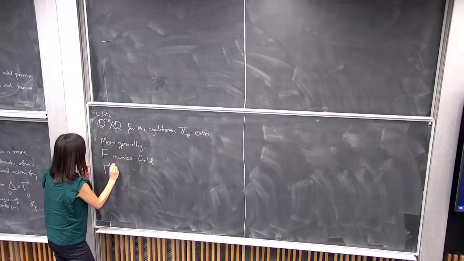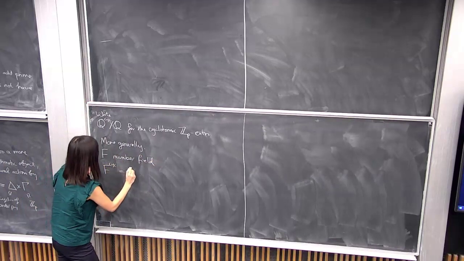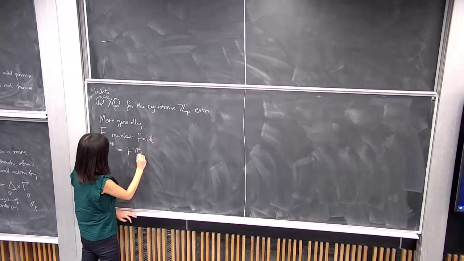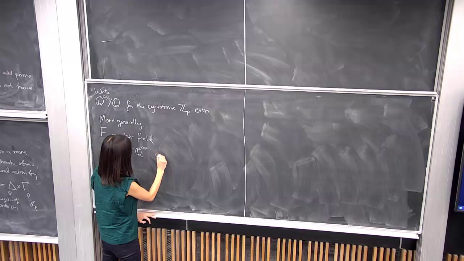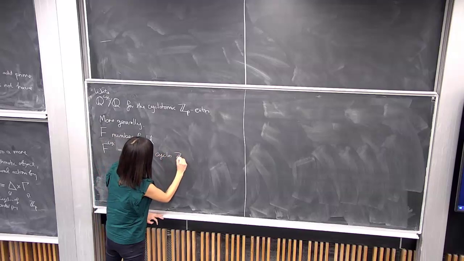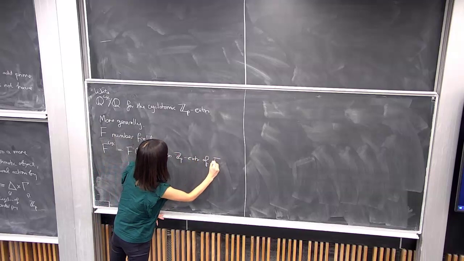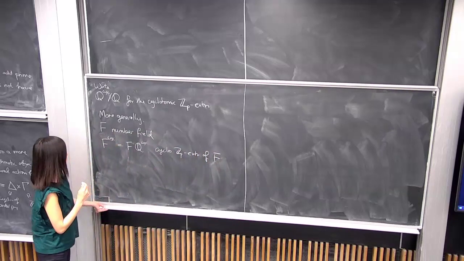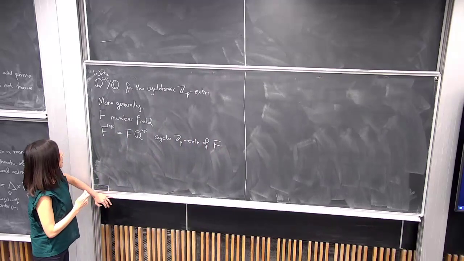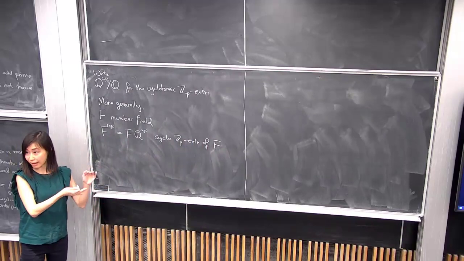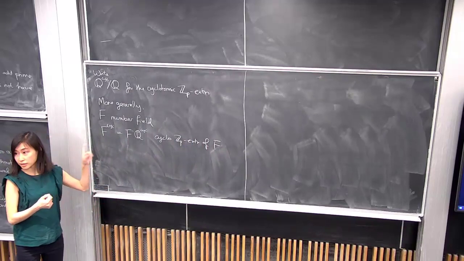Write F^cyc for the cyclotomic Z_p extension of F. And we are going to consider not necessarily abelian p-adic Lie extensions of F, which contain the cyclotomic Z_p extension of F.